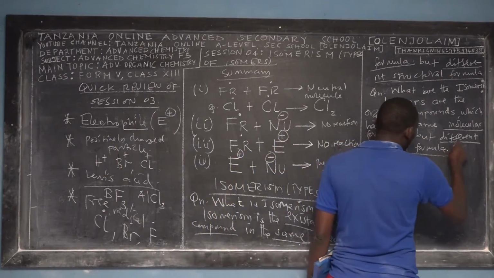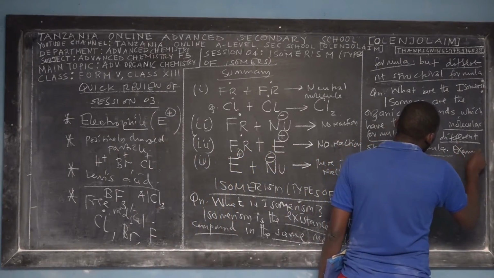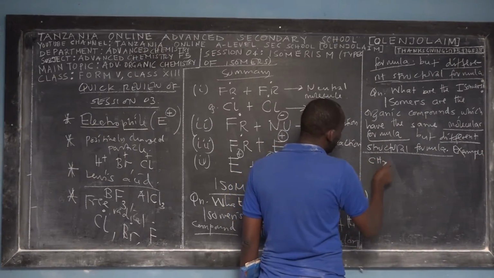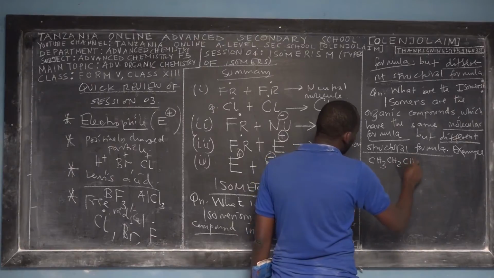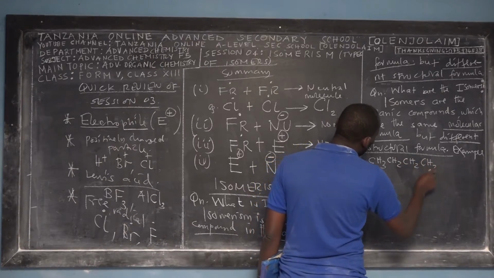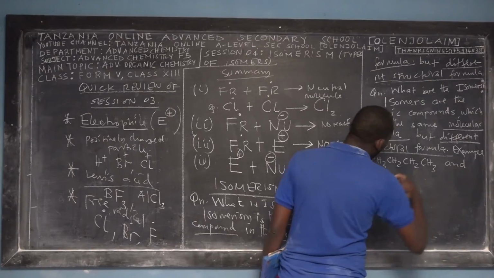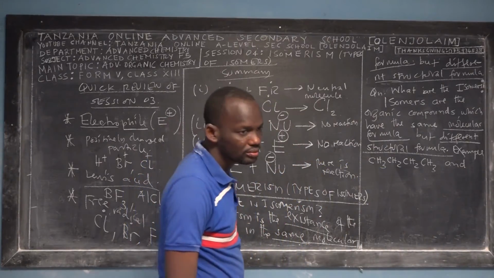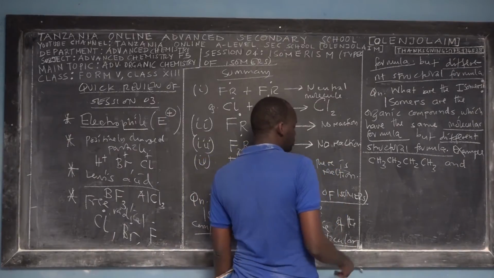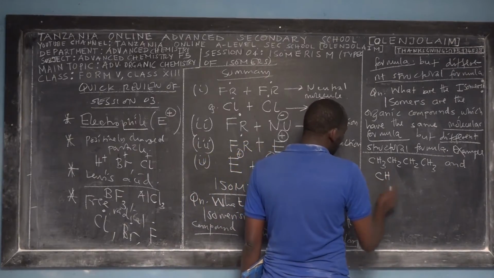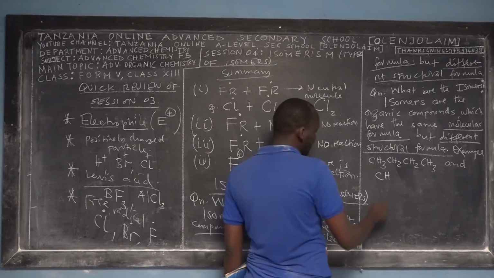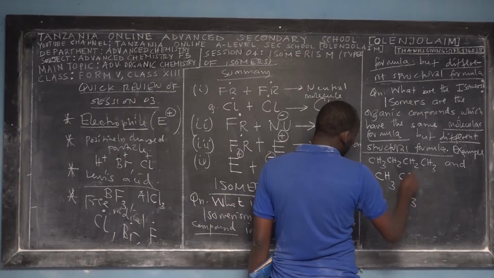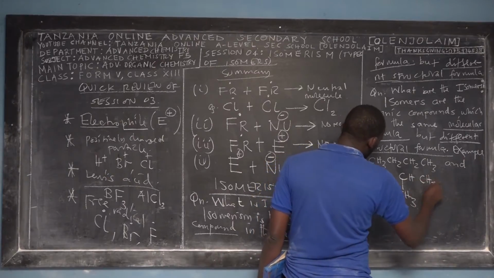Let me give you one simple example. An example of isomers is this one: CH3, CH2, CH2, CH3. The molecular formula contains 4 carbons and 10 hydrogens. But we can also have the same molecular formula with a different structure. So you can have a methyl group attached here, and then you have CH3.